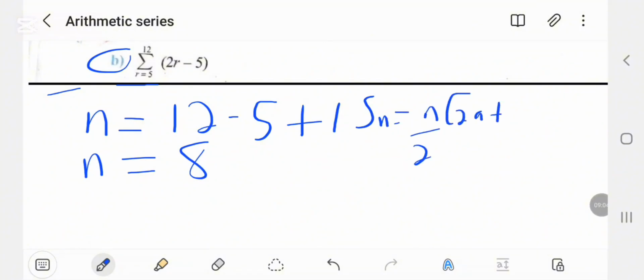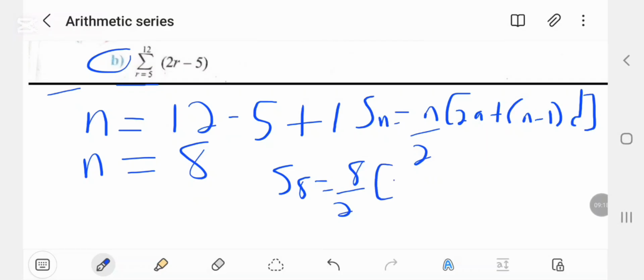2a plus n minus 1 times d, close bracket, the sum to 8 terms now. So we have 8 divided by 2. We have 2 times the first term now. It's not really the first term. So the first term, let's see, we substitute 5, 2 times 5 minus 5, we get the first term. 10 minus 5, which is 5.